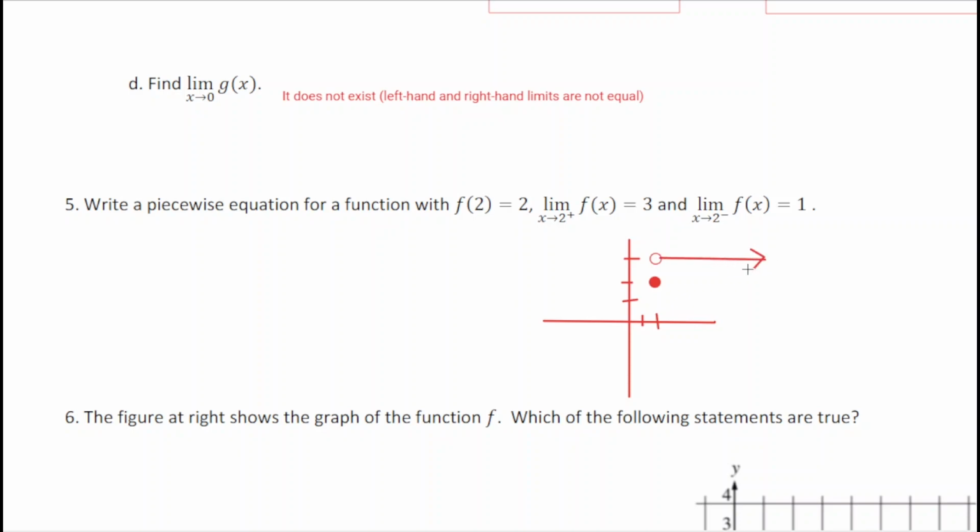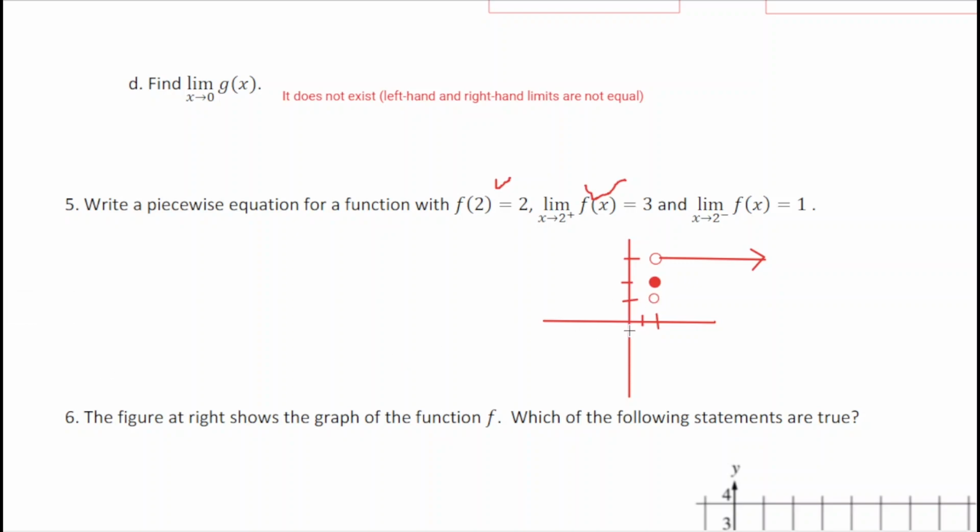Okay, so as I approach x equals 2 from the right, this is approaching 3. So I've already satisfied this one, and I've satisfied that one. And so now I need to satisfy the last one, which is the limit as x approaches 2 from the left. The y value needs to be 1. So in other words, we should have an open circle down here at 1.